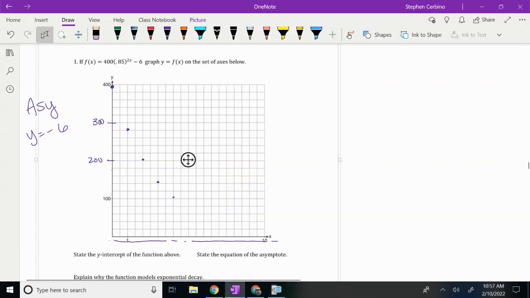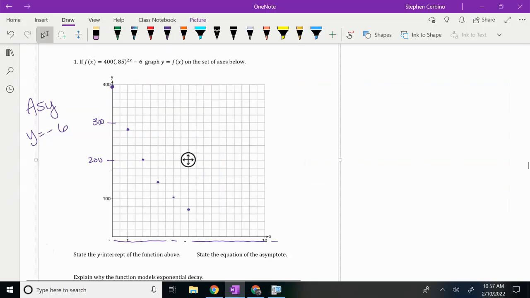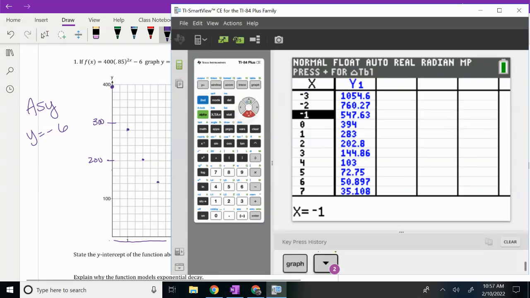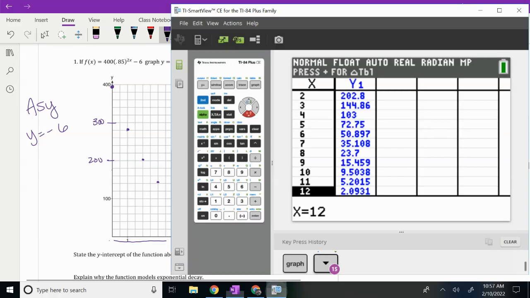So this is 20, 40, 60, 80. 70 is in between 60 and 80, so put it there. 51, somewhere in between 40 and 60. 35, so somewhere close to 40. If we scroll down a little bit more, we got 23, 15, and the last one is 10.